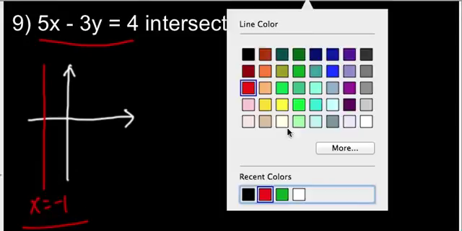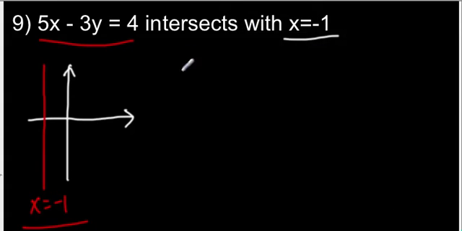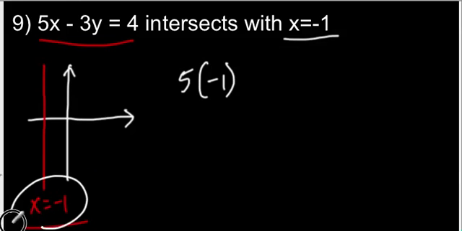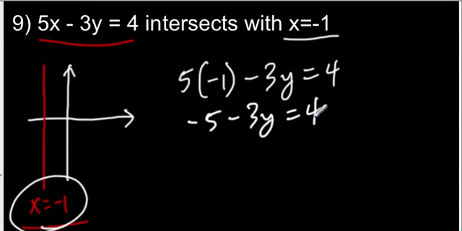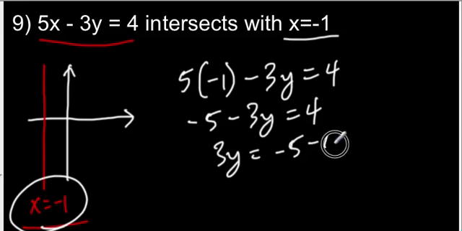So we just have to substitute it. So let's do that. So this time it's 5 times negative 1, because remember we just got it from here, minus 3y is equal to 4. So negative 5 minus 3y is equal to 4. 3y is equal to negative 5 minus 4, which is equal to negative 9.